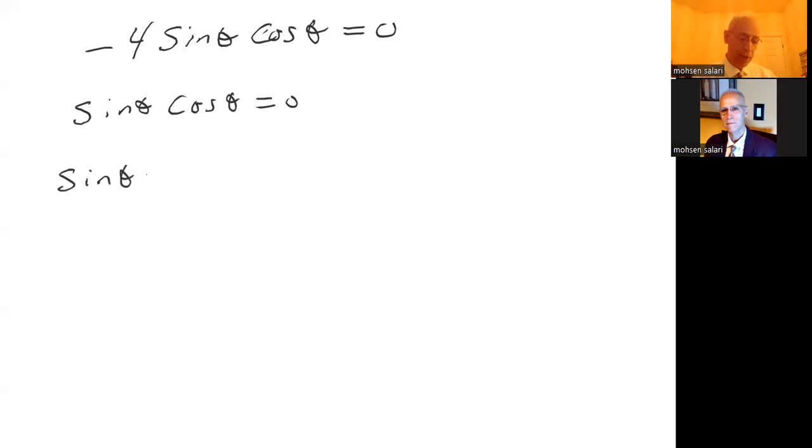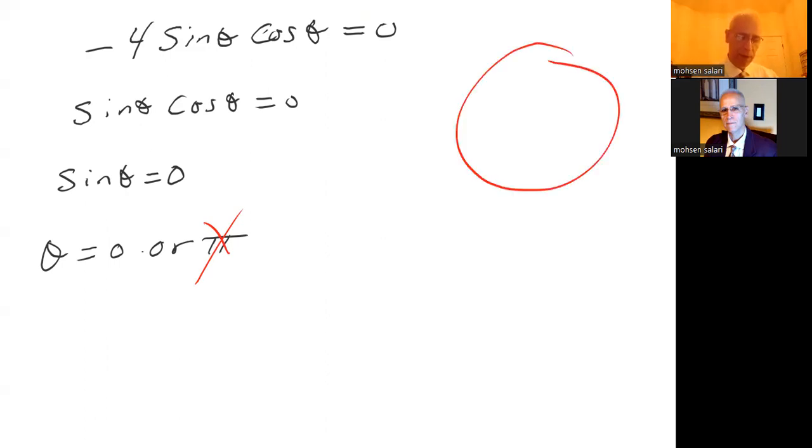When sine theta equals 0, theta equals 0 or pi. And pi is not in the given domain, because remember the domain was given between -pi/6 and pi/3. So pi is not in our domain, but 0 is.